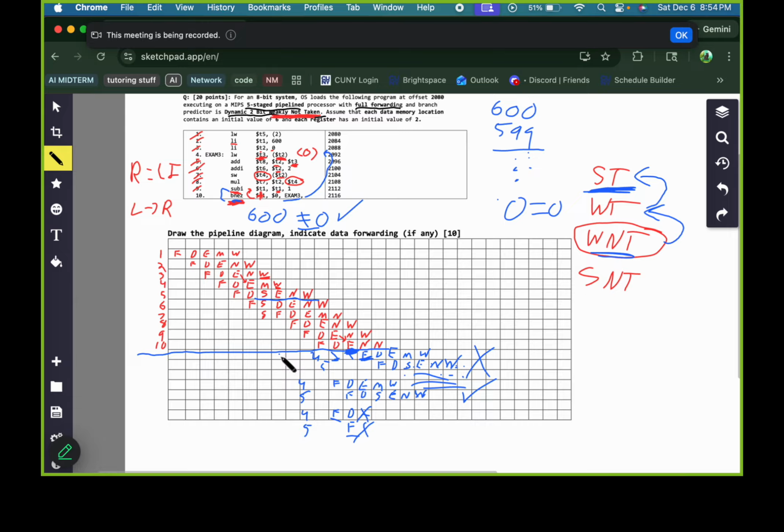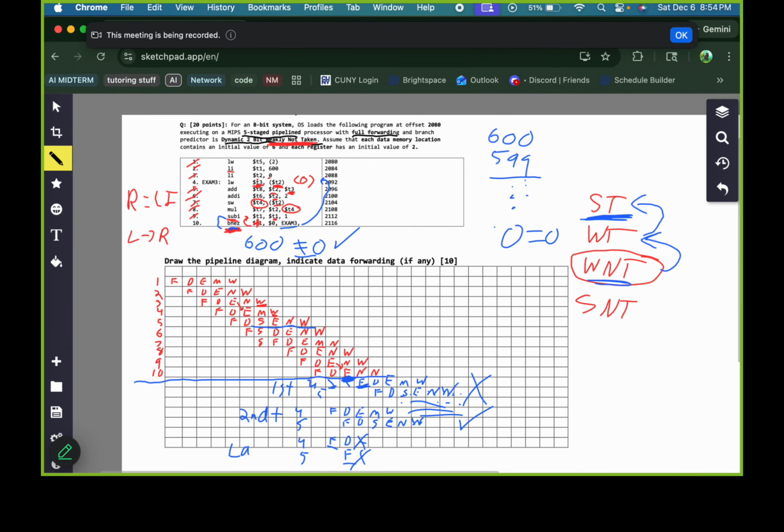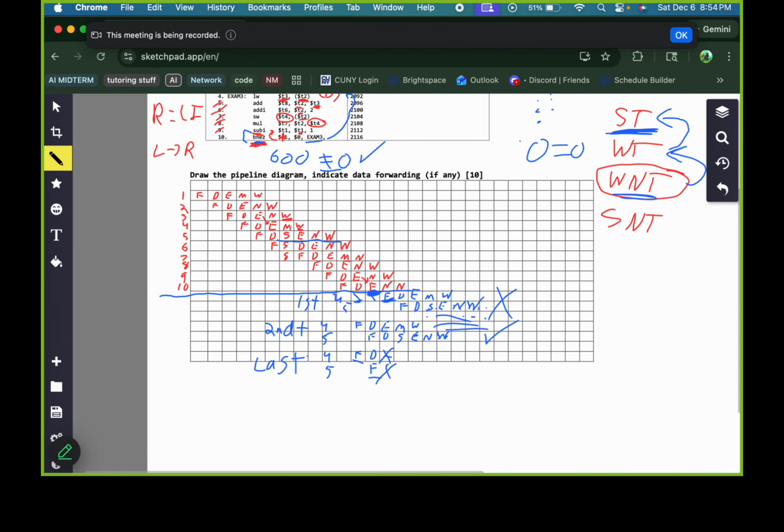This is going to be the first loop. This is going to be the second and up loop. And this is going to be the last loop. And the reason I drew out all these different parts is because since this is a dynamic branch predictor, it's going to constantly change things for us. And we have to keep in mind, right?